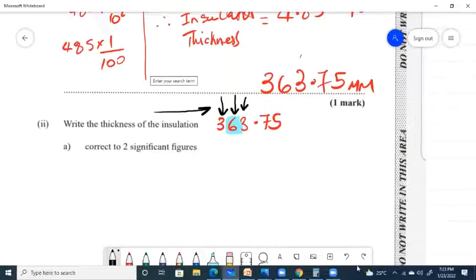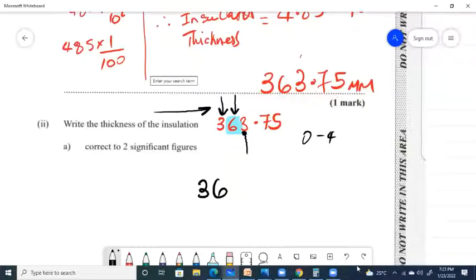But we were not asked for the third, so we go to the second and we stop. As soon as you have identified the digit occupying that spot, look to the immediate right. There's a 3, which is in the 0 to 4 category, which means it's not going to change anything. So we're going to have a 3, 6.